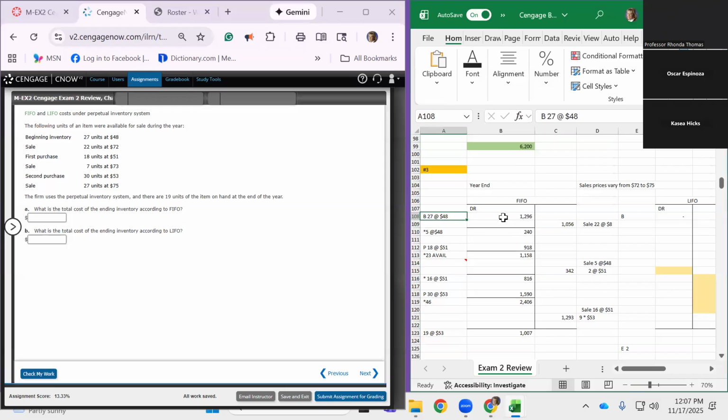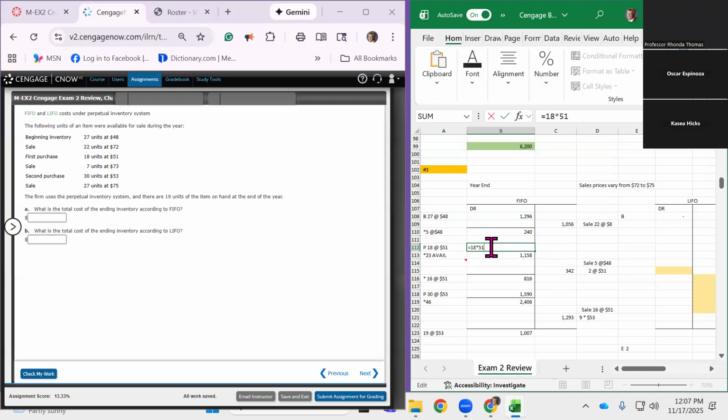All right, so we started with 27 items at 48. We sold 22 of them at 48, and that left us with 5 at 48. Then we bought 18, so 5 and 18 are 23.